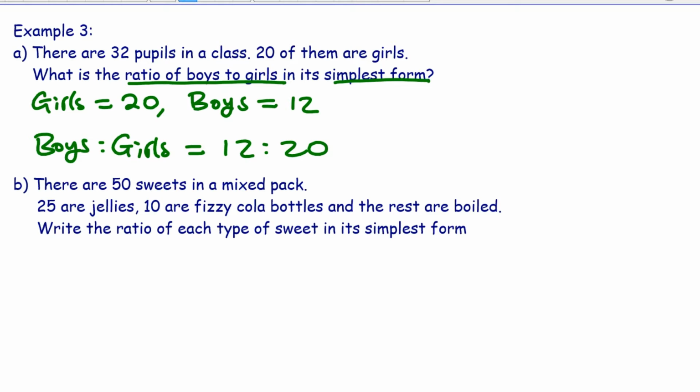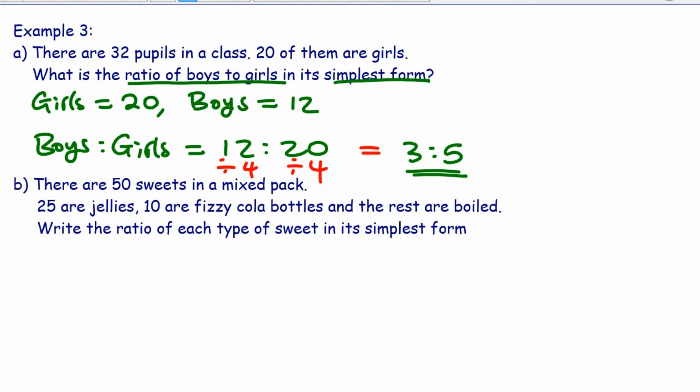You can go ahead and simplify this by dividing each of these by 4, because 4 is the highest common factor that can be divided into each of these numbers. So what we'll end up with is a simpler ratio, which will be 3 to 5. So the ratio of boys to girls will be 3 to 5.